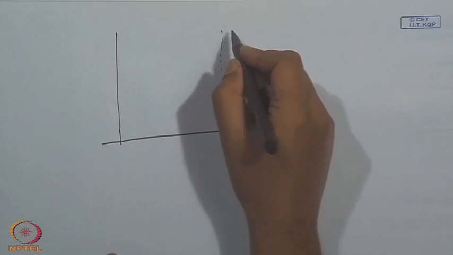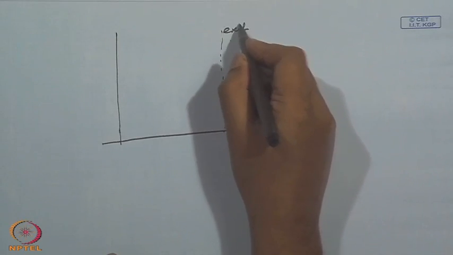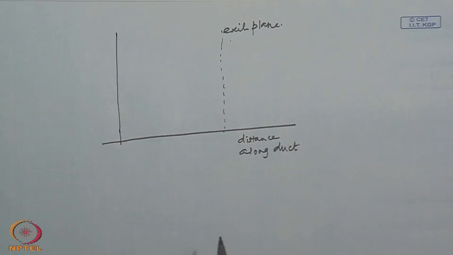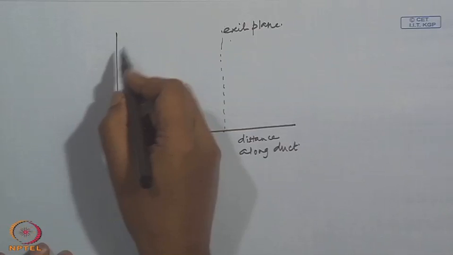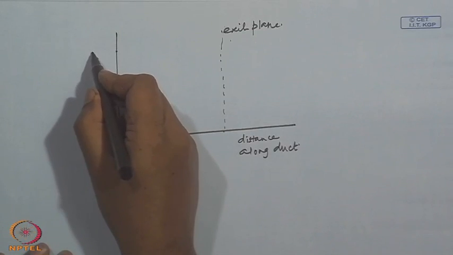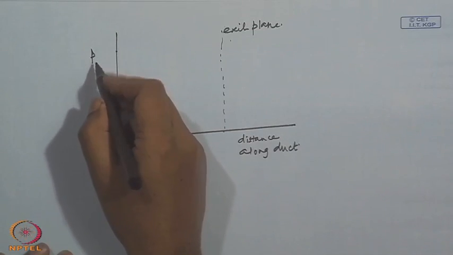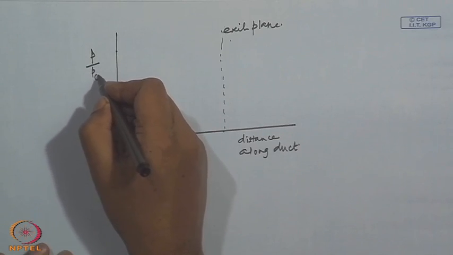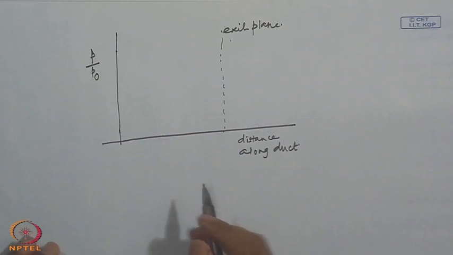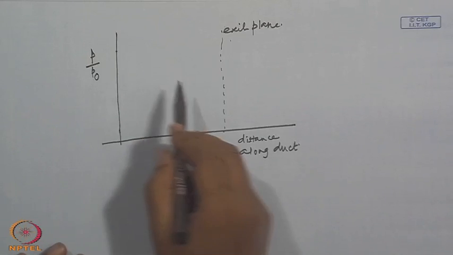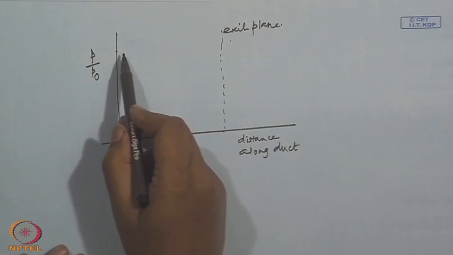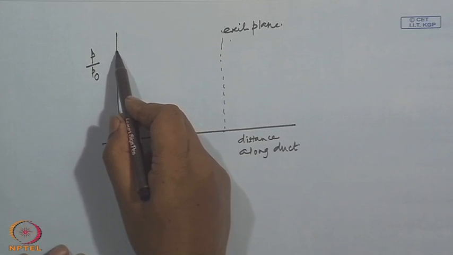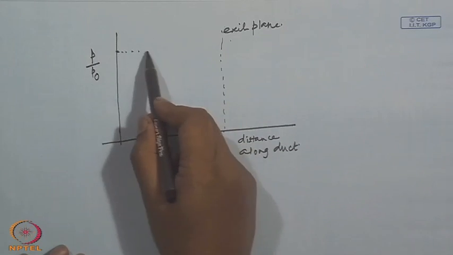This is the exit plane. When P by P 0 is the same as P b by P 0, there is no flow.